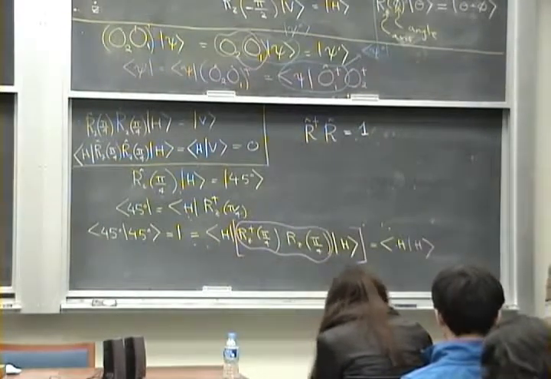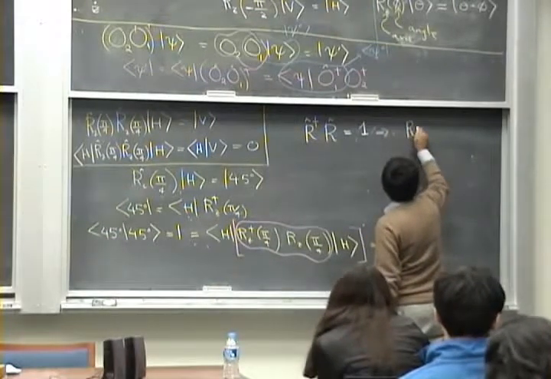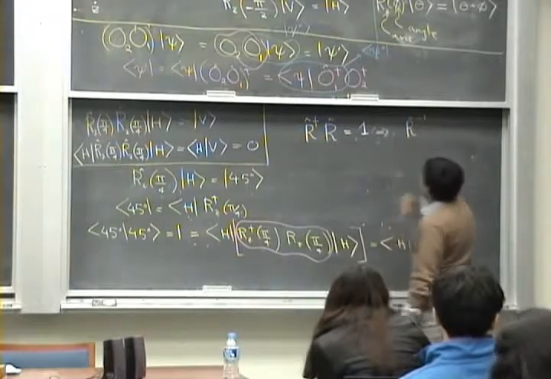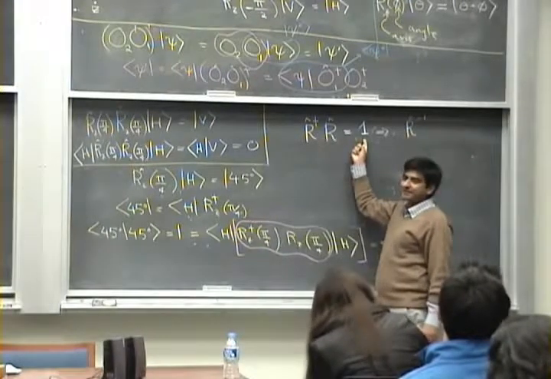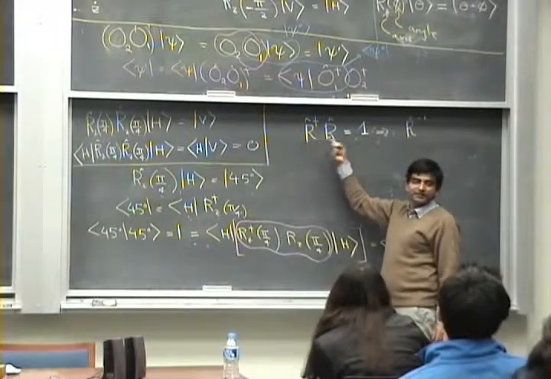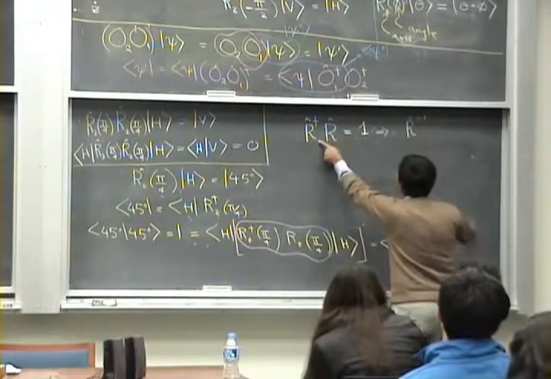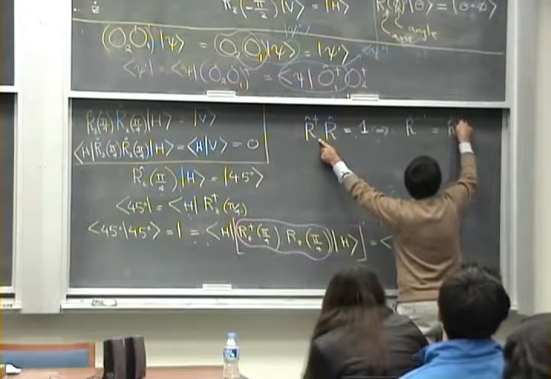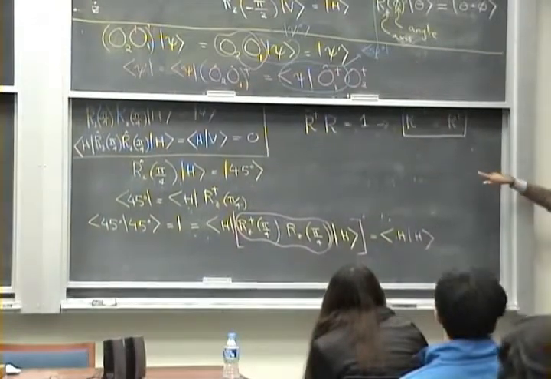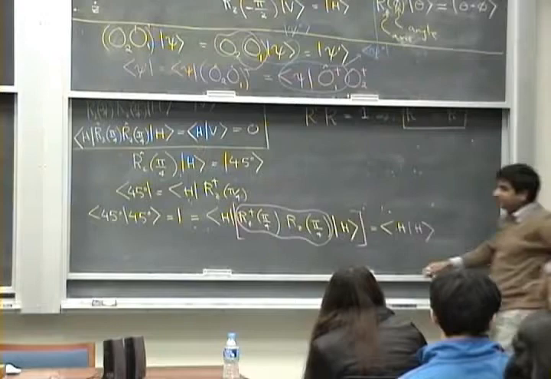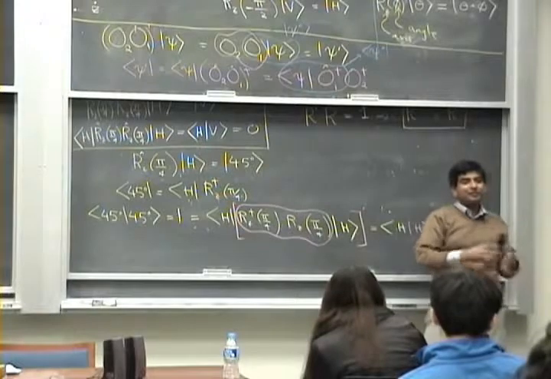In other words, if I take R and find its inverse, now if I have two matrices whose product is identity, then one operator must be the inverse of the other. So if I take this operator and find its inverse, it must give me the adjoint. Matrices that obey this relationship, in which the inverse of a matrix is equal to its adjoint, are called unitary operators.